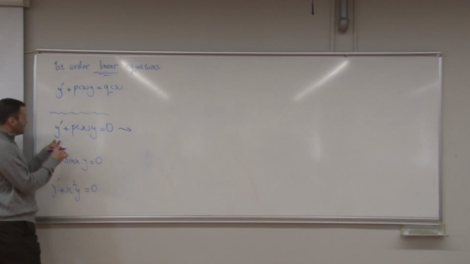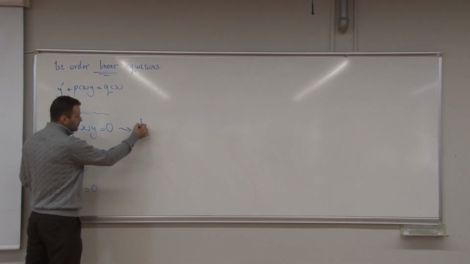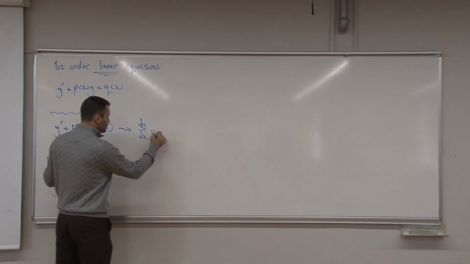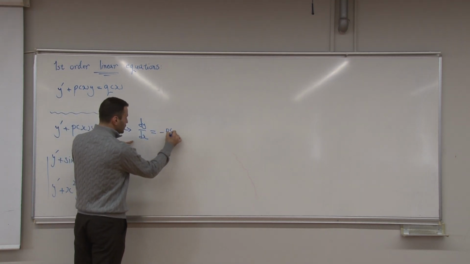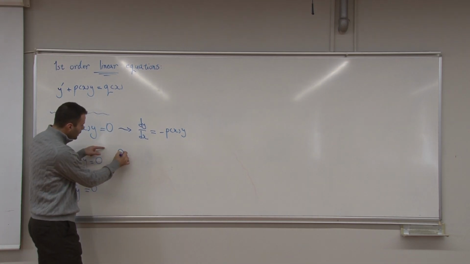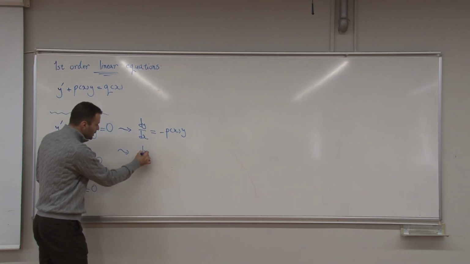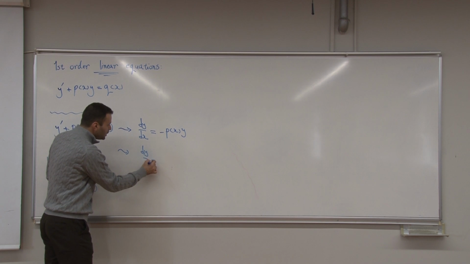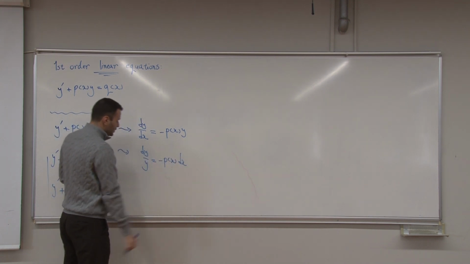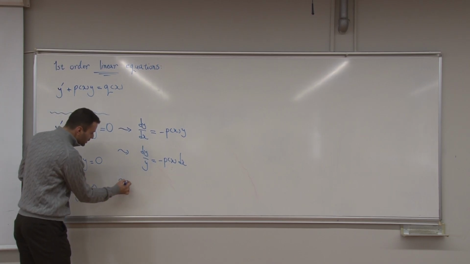What we are doing is this. This is dy over dx. dy over dx equal to minus p(x) y. Right? Then I can write this as dy over y equal to minus p(x) dx. From here, what do I get?